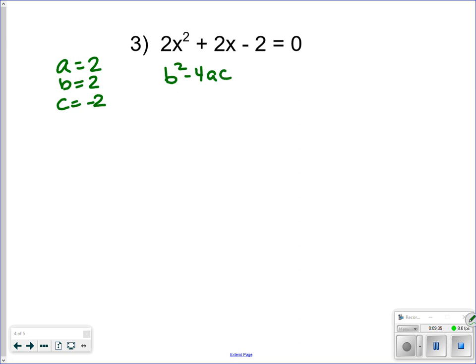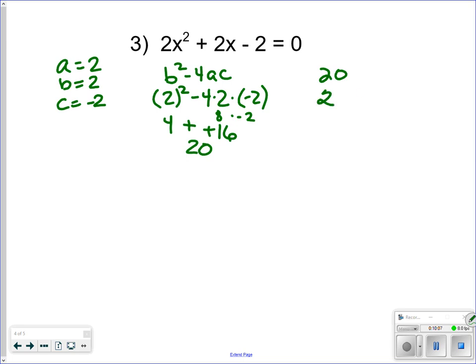My B number is 2. 2 squared minus 4 times A number, 2, C number, negative 2. 2 squared, 4. 4 times 2 is 8. 8 times negative 2 is negative 16. What happens when you see a minus minus right next to each other? 4 plus 16, 20. So your discriminant is 20.